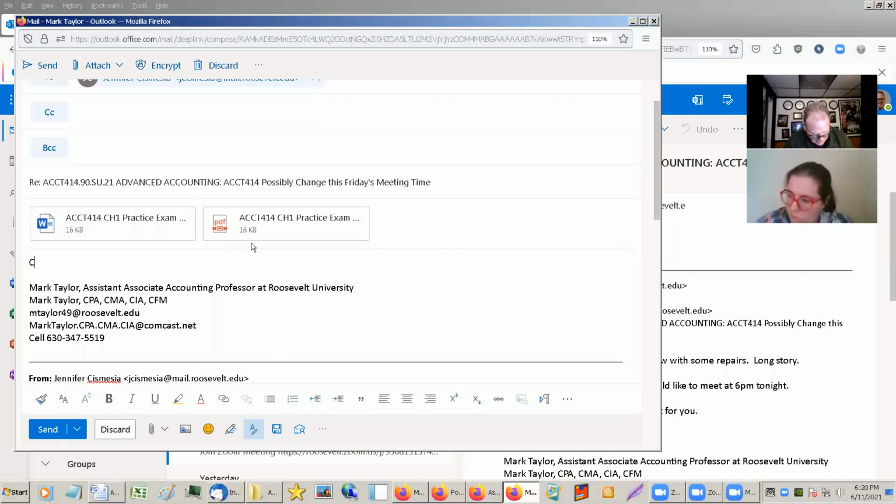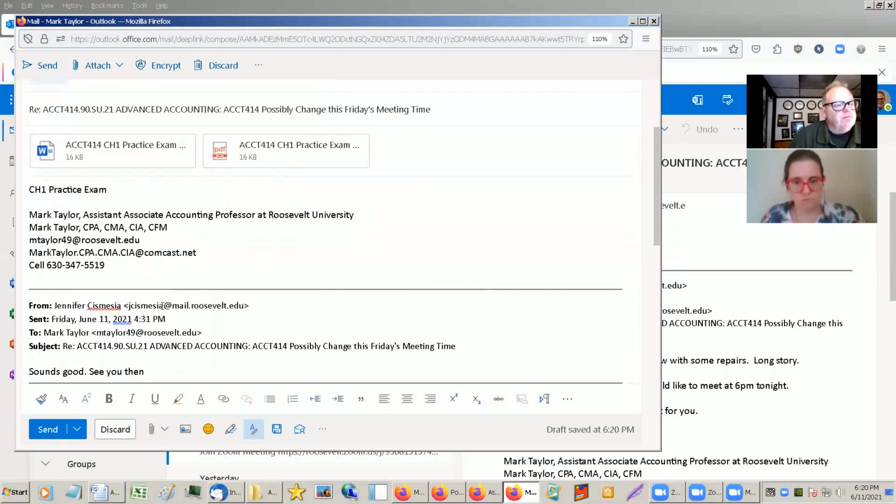If I don't put something in here, they'll kick it out.